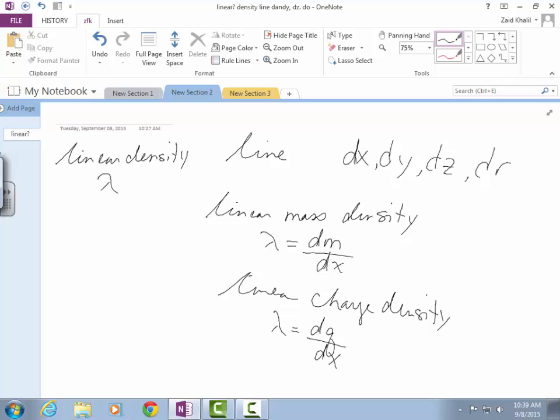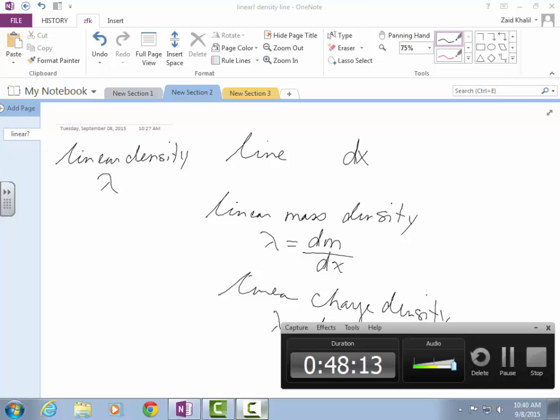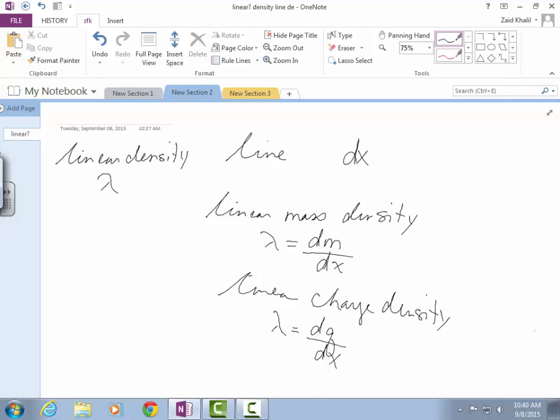I'm going to erase the rest of these so that you understand that we're only dealing with one parameter: dx, or dy, or dr. In general, the physics we're going to be studying is almost exclusively one parameter. But I'll do stuff with more than one dimension so that you see what the next level's like.